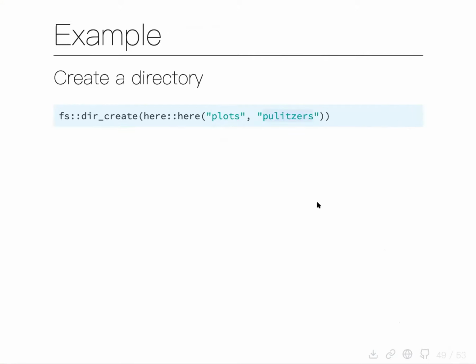From my R project, it creates a folder called plots, and inside that folder, a folder called Pulitzers. Note that this will work whether plots already exists or not. If plots exists, it'll just create Pulitzers inside of that. If plots doesn't exist, it will first create the plots folder and then create the Pulitzers folder within that.